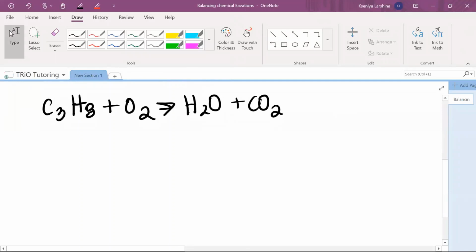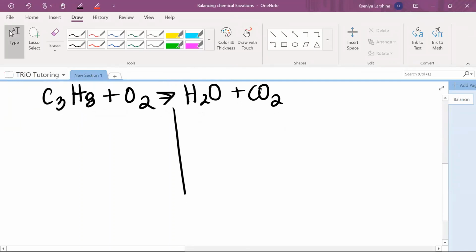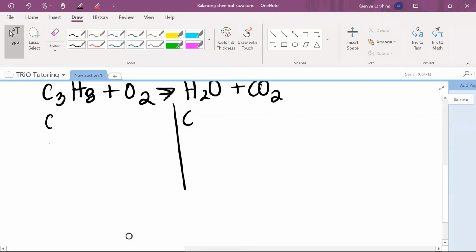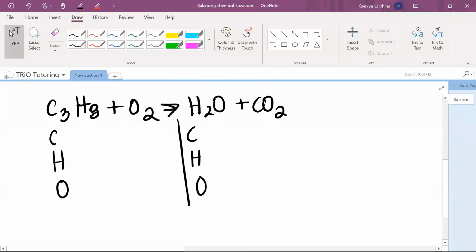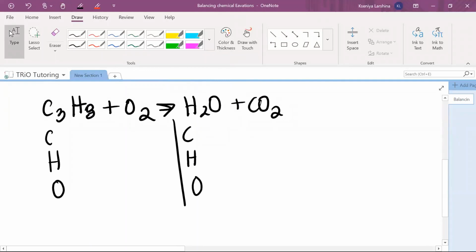So a way you might want to solve this kind of equation is writing out how many carbons you have, then hydrogens, and then write out how many oxygens you have, or the CHO rule. So in this question we have 3 carbons here, 8 hydrogens, and 2 oxygens.